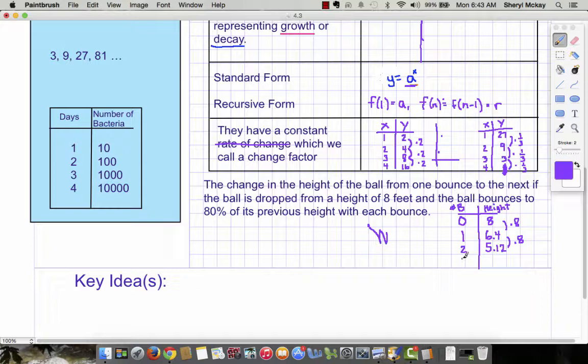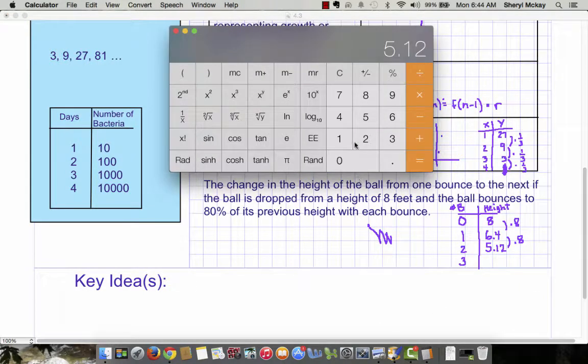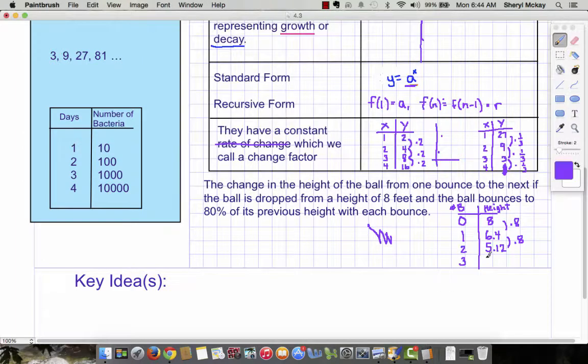And on the third bounce, we came down and only went up 80%. So we need to figure out 5.12 times 80%, and I get 4.096. So each time, my number's getting smaller. So if I was actually going to graph this, see if I can graph it. Let's see, at 0, we'll have this be 8 right there. So at 0, we are at 8. I should use a different color.